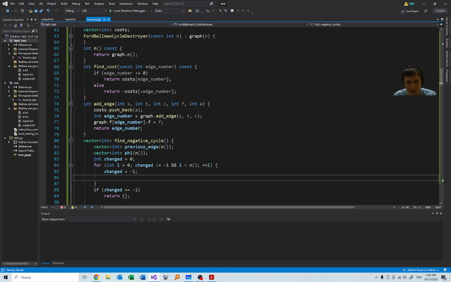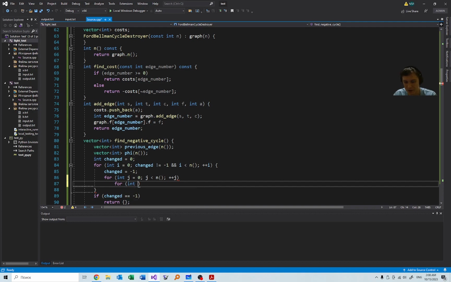So let's see what I do here. I iterate over all vertices. I go through all edges.